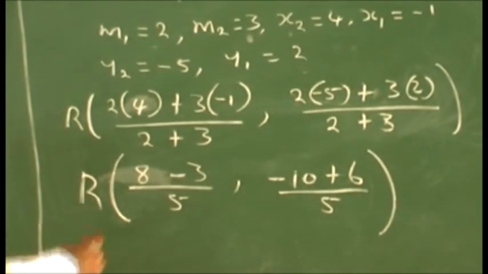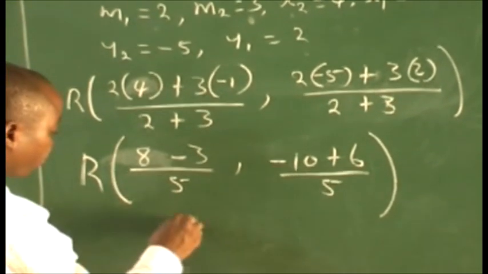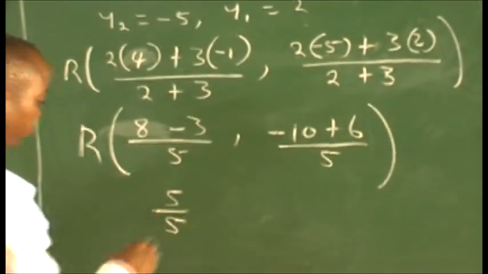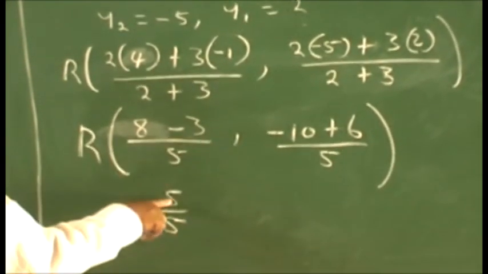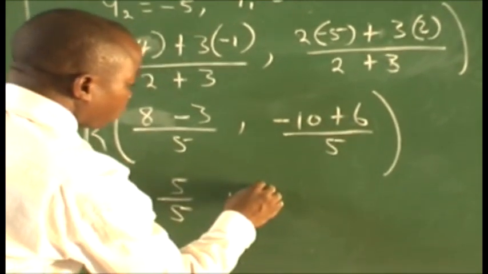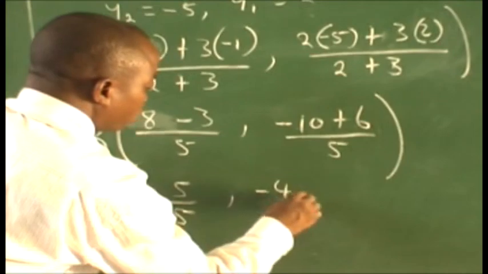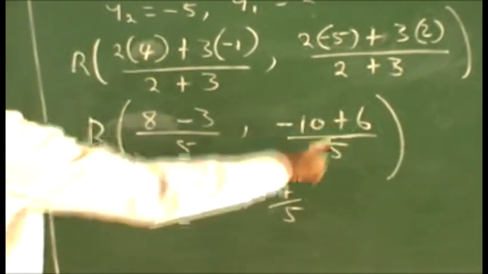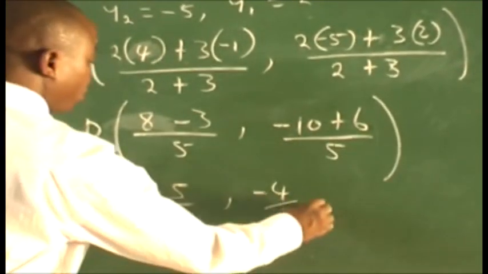Now if we do that, here we will have 5 all over 5. That is 8 minus 3 is 5 as the coordinate. Then here we have minus 4 all over 5. Minus 10 plus 6 is minus 4.